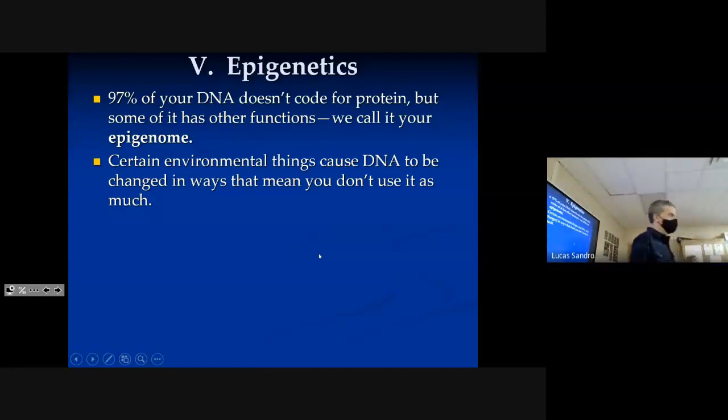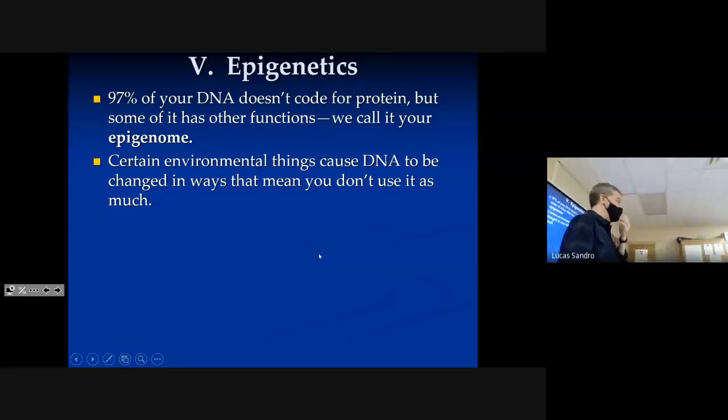Except we're starting to find out he was wrong in the way that he said it, but the kind of rule we made because of Lamarck turns out to not be completely true. It turns out that the epigenome can get changed by things that happen to you during your life. And as a result of that, the way your genes work can also change.